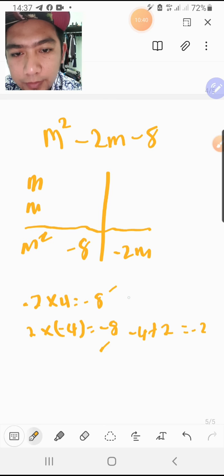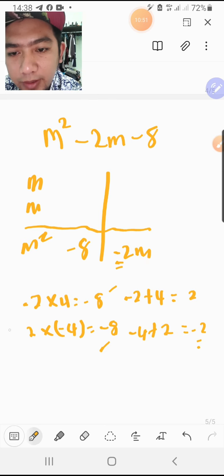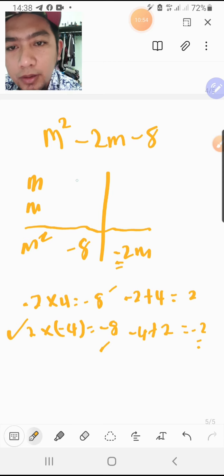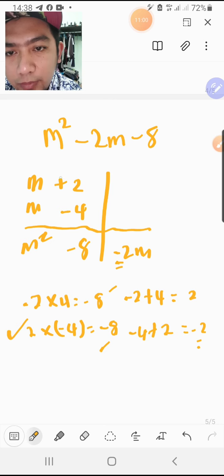This one, negative 2 plus 4, you will get 2. Actually we are looking for the negative one. So that's why we take this one, 2 and negative 4. So 2 times negative 4, you will get negative 8.